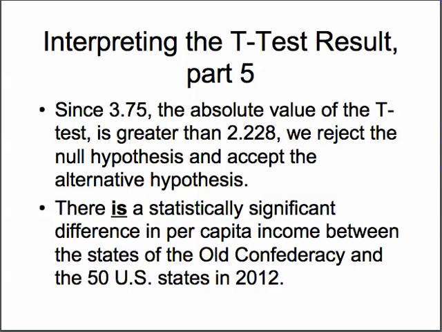Since 3.75, the absolute value of the t-test, is greater than 2.228, we reject the null hypothesis and accept the alternative hypothesis. There is a statistically significant difference in per capita income between the states of the old Confederacy and the 50 U.S. states in 2012.